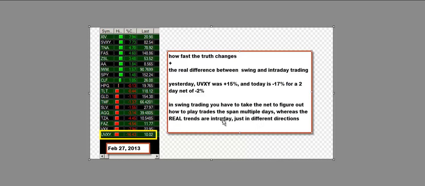So what you really have to do with swing trade is get a set of rules that will allow you to fight to capture the net in the midst of volatility that is that wild. So that's why I don't swing trade volatility. I'd rather just try to get some piece of the 15% and some piece of the 17% and try to get tuned into the way the trend is unfolding that particular day.